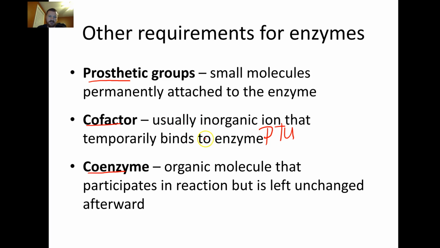And so in that sense, the copper would be a cofactor because the copper is needed in that particular enzyme to function. So it's not just enough usually to have the enzyme alone. You have to have all the parts and pieces of the enzyme in order to make them function correctly.